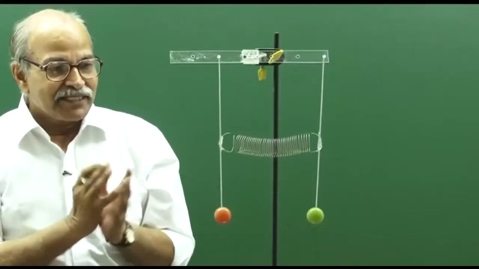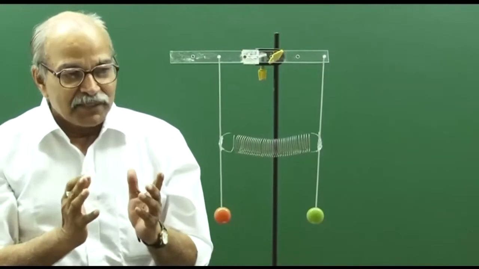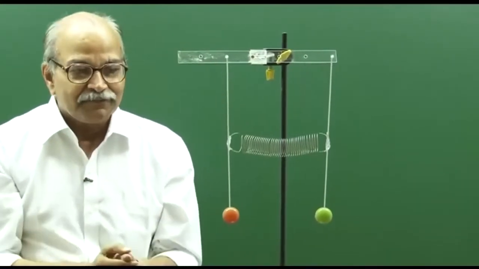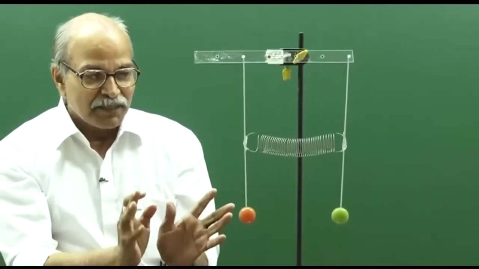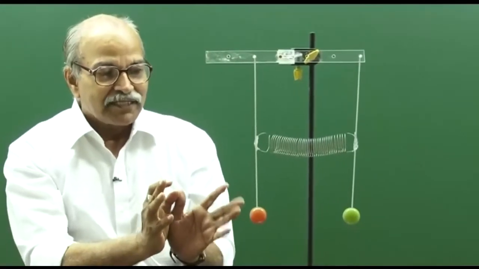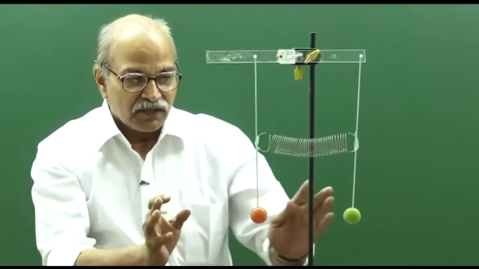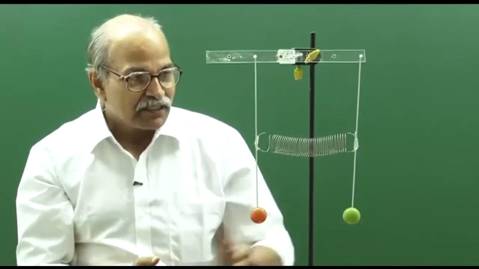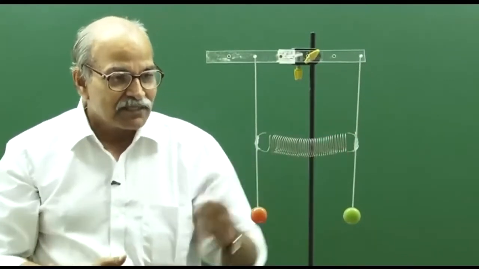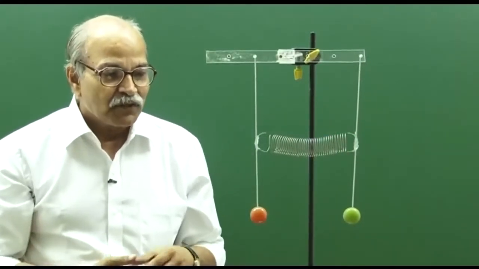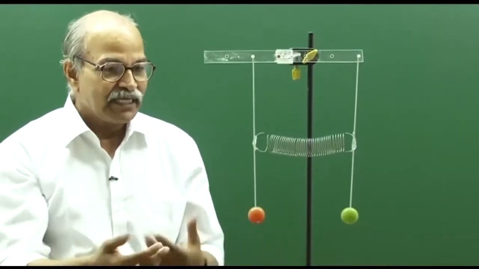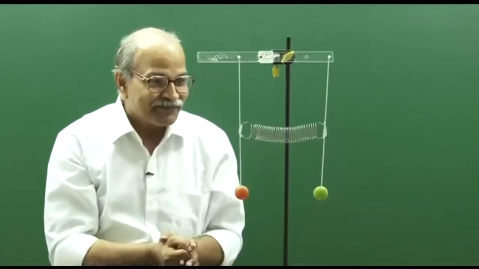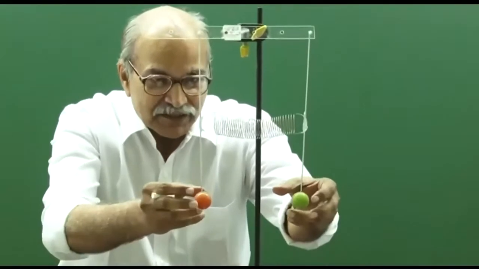Now, this vibrating system can be vibrated in several manners. One is the simplest, and that I will be doing now. I will oscillate it, and I will ask Anurag ji to measure the time for 10 oscillations, and then we will get the time period. Ready? Okay, I am starting the oscillations.